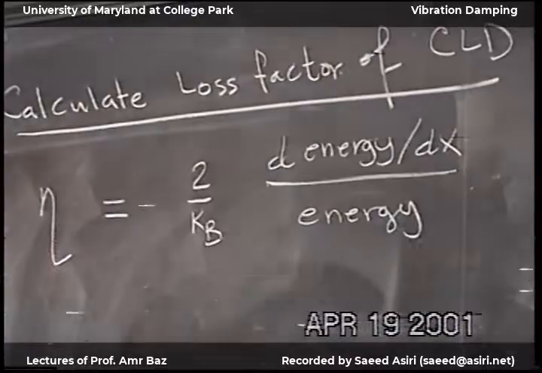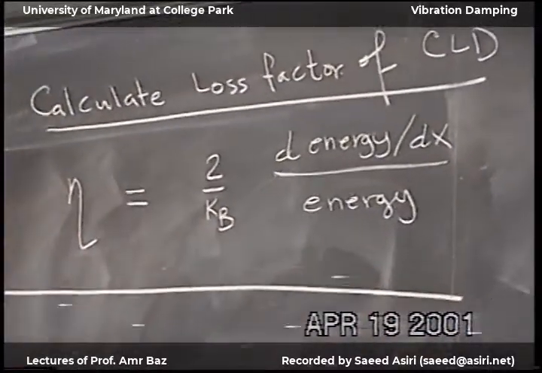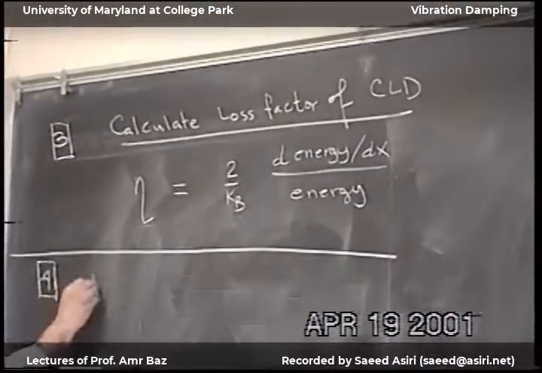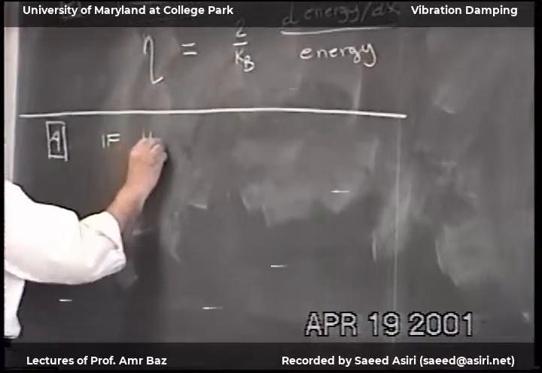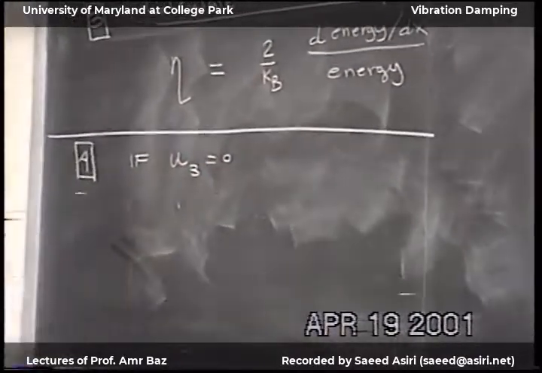Okay, the number 4 that we did, and I said here just if U3 is equal to 0. Let me just define what these are first.